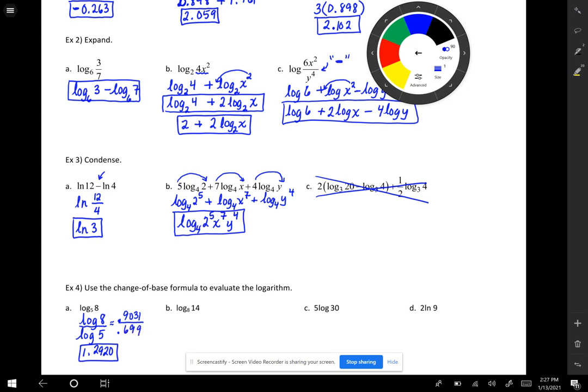Then I just divided 0.9031 by 0.699, and I got 1.2920. So that's how I did it. I'll skip steps now. The next one is log 14 divided by log 8. Again, use your calculator to figure that out, and that'll give you 1.2691. So use the calculator to help.